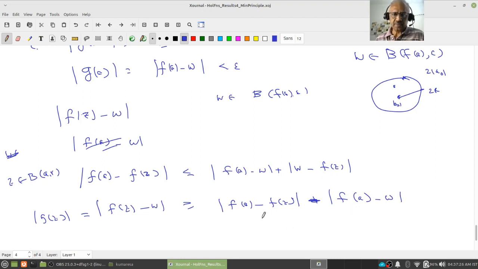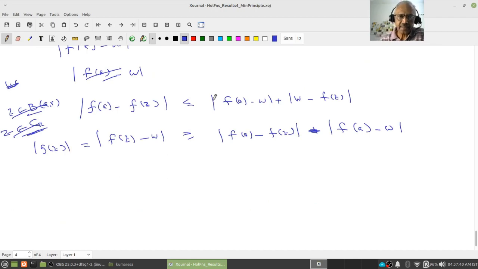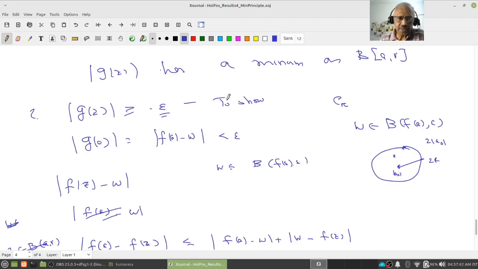Now remember, where is z? Z is on the circle CR. So I'm sorry, this is the cause of my problem. I want to show for z in CR mod gz is greater than or equal to epsilon.